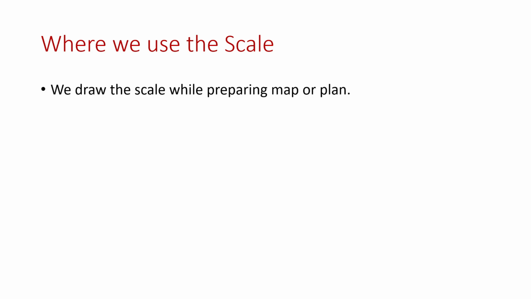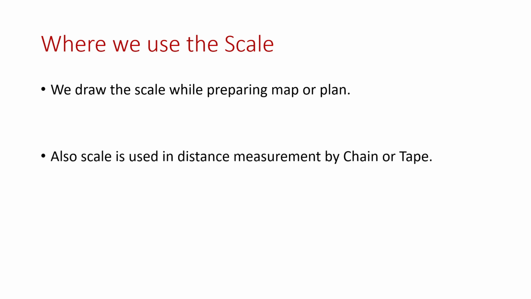So where do we use the scale? There are two cases. The first one is when we are preparing any map or plan. In that map or plan we have to draw one scale, so by using that scale, the person who will use that map will measure the distance between 2 points on that map. And the second case, suppose we have to measure some distance physically.